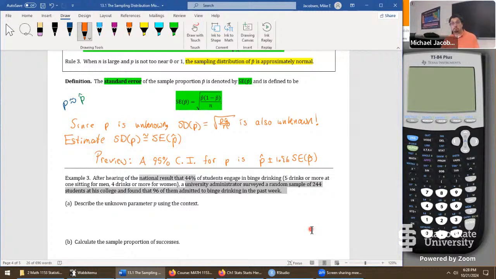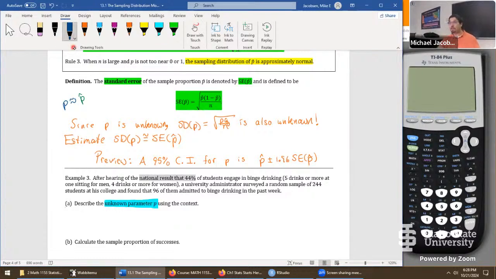I mean, it might in small ways, but not in the overall representing everybody in the United States of America. So when we were suddenly talking about a university administrator, that's a totally different population being compared to the nation itself. We need to keep that in mind now when we go to describe the unknown parameter P.